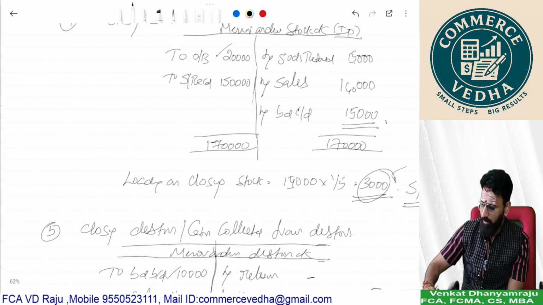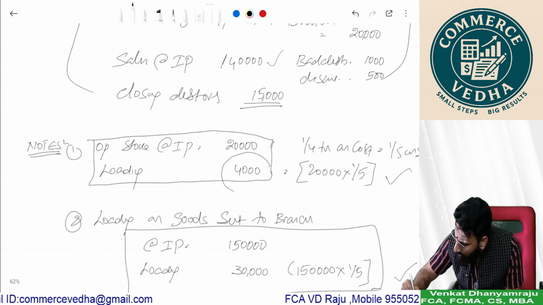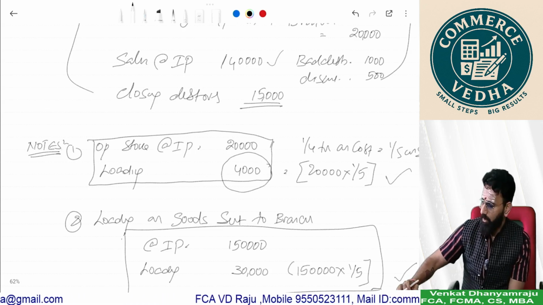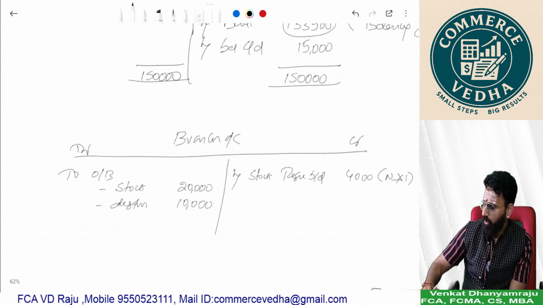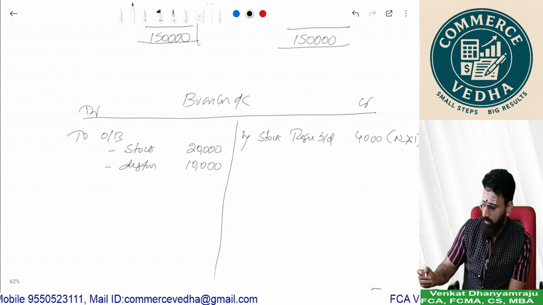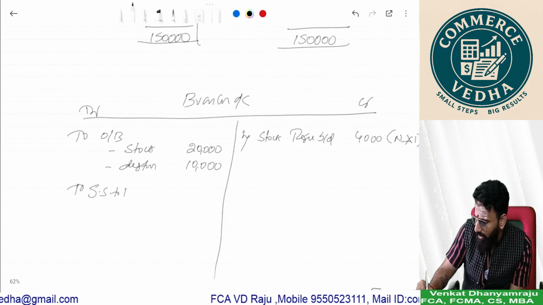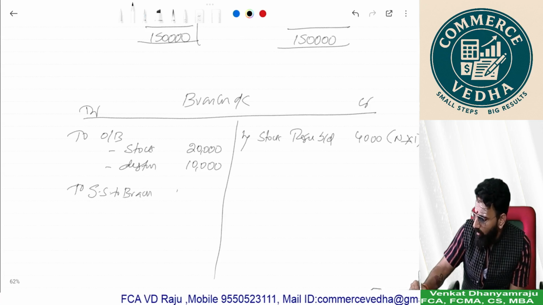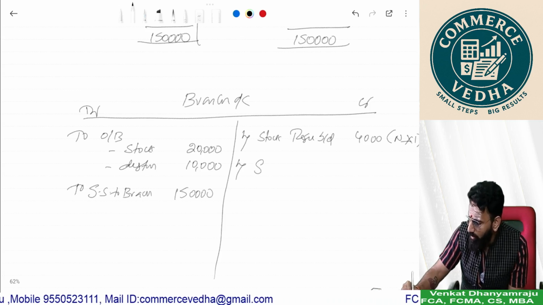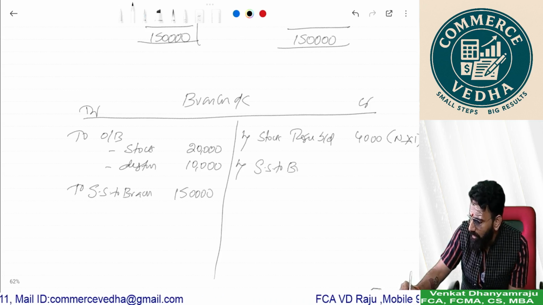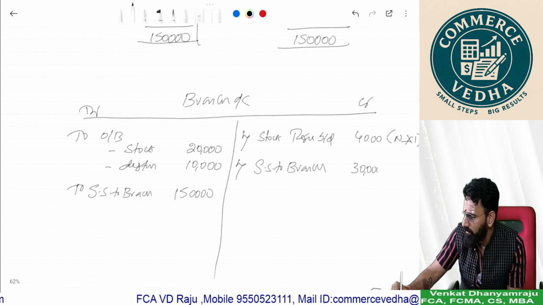So opening stock and opening stock reserve were posted in the branch account. Then to goods sent to branch 1,50,000. By goods sent to branch, the loading we computed is 30,000, note 2.